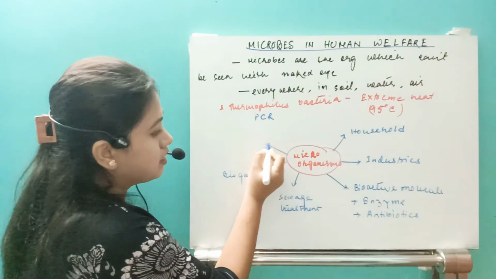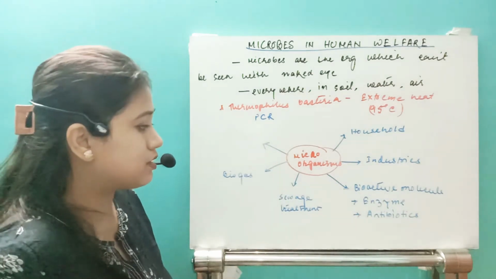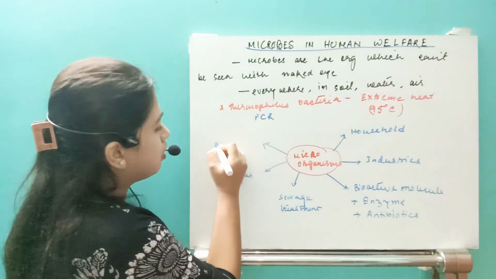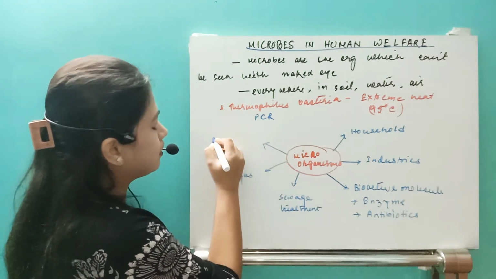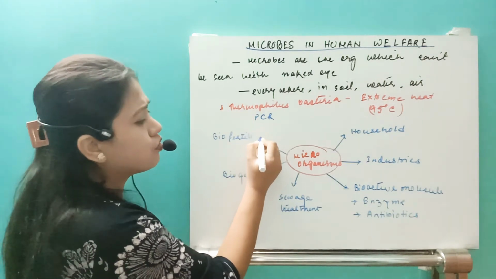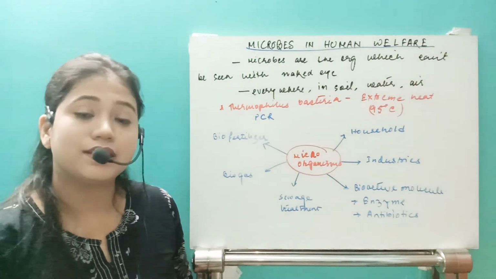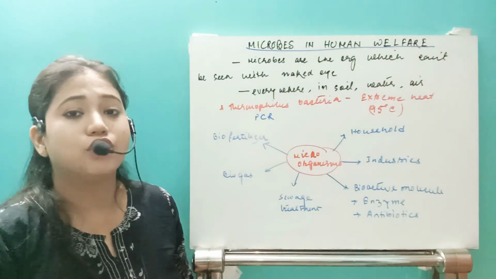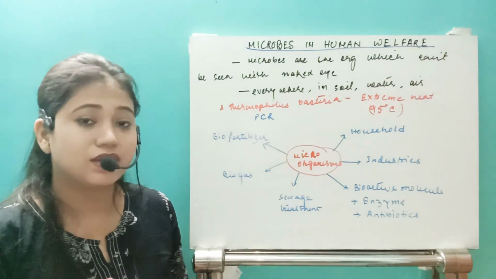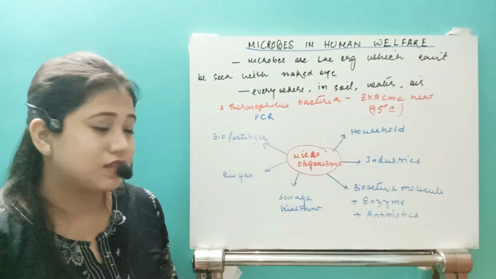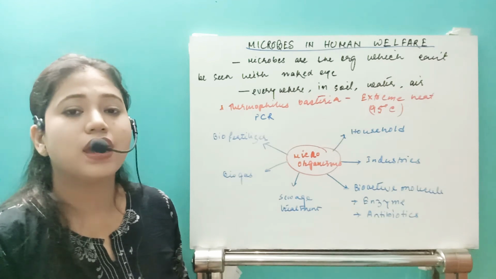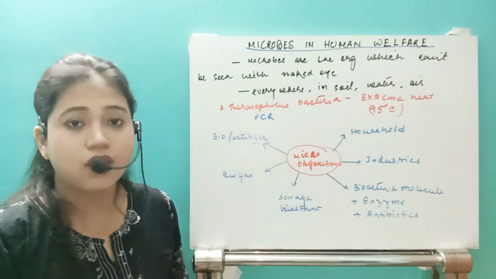Then after that, microorganisms can also be used in the field of organic farming, as a biofertilizer. Lots of biofertilizers are there, like bacteria, azolla, anabaena, nostoc, and some fungi like endomycorrhiza, exomycorrhiza and ectomycorrhiza, because nowadays we are concerned about chemicals.